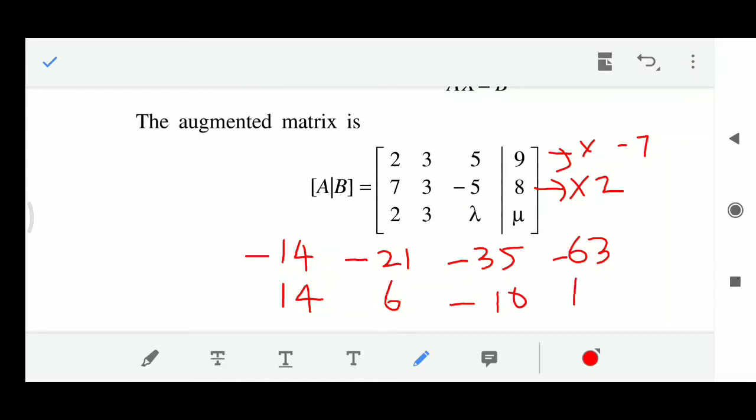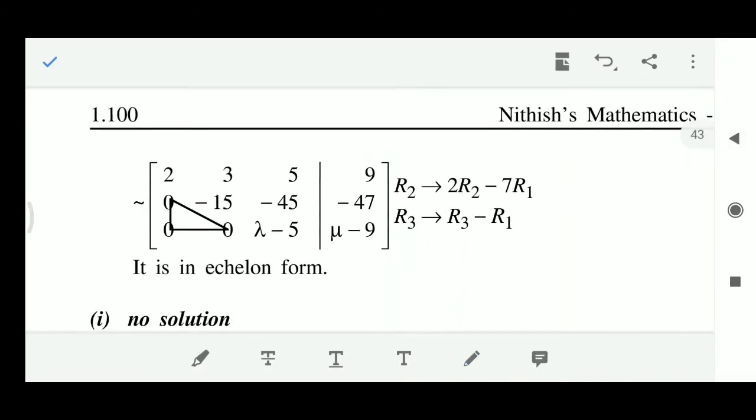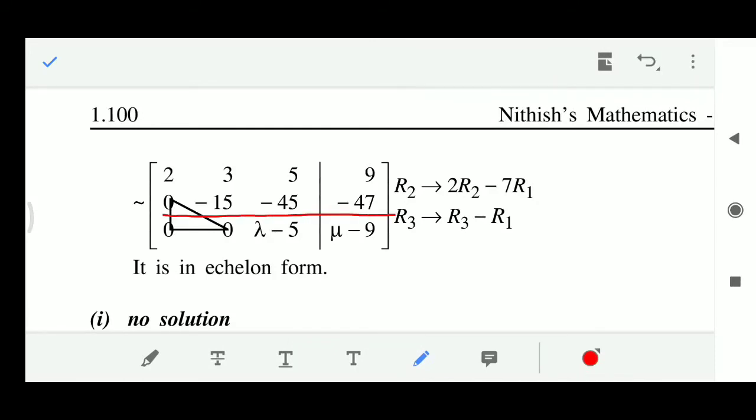If you simplify these two, you will get the answer as 0, minus 15, minus 45 and minus 47. So if you refer the answer, you will get 0, minus 15, minus 45 and minus 47 as the second row.